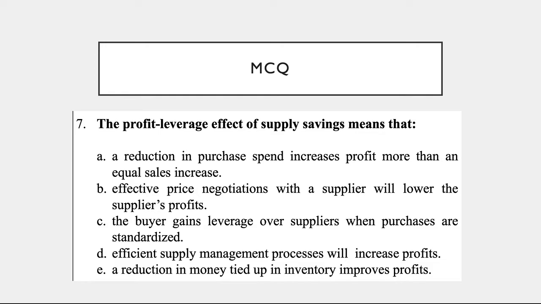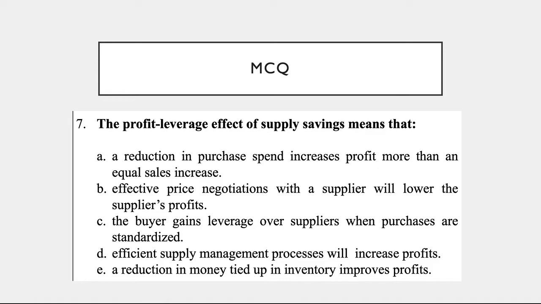Okay, question number 7. The profit leverage effect of supply savings means that: A, a reduction in purchase spend increases profit more than an equal sales increase. B, effective price negotiations with the supplier would lower the supplier's profit. C, the buyer gains leverage over suppliers when purchases are standardized.